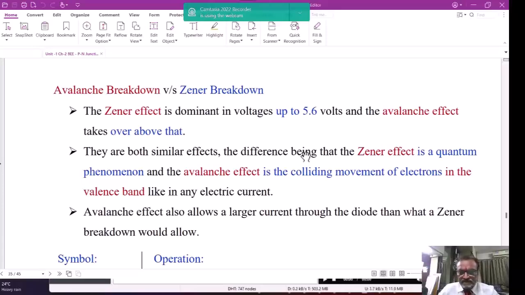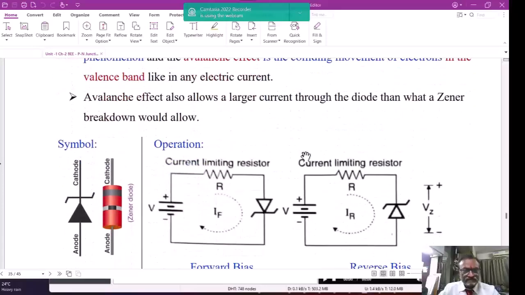The difference is that the Zener effect is a quantum phenomenon, and the avalanche effect is the colliding movement of the electrons in the valence band. The avalanche effect also allows a larger current through the diode than the Zener breakdown would allow.